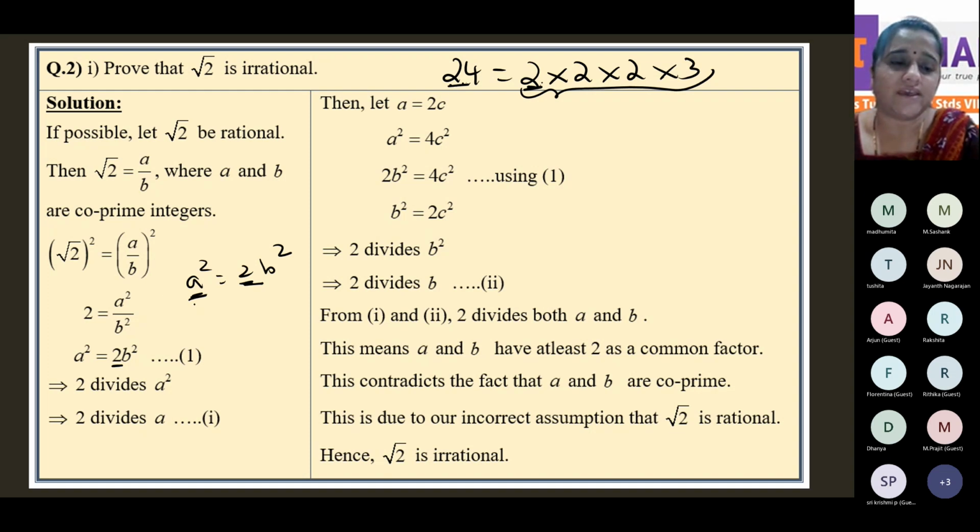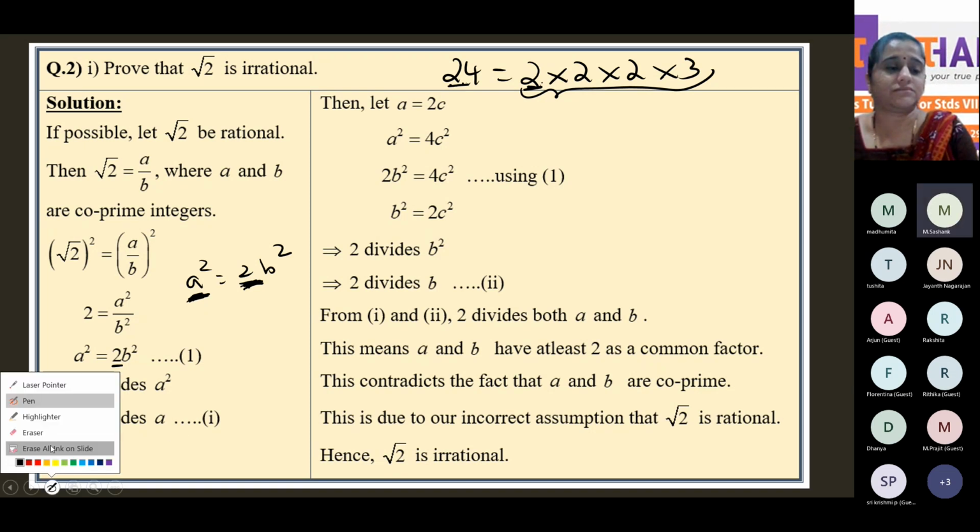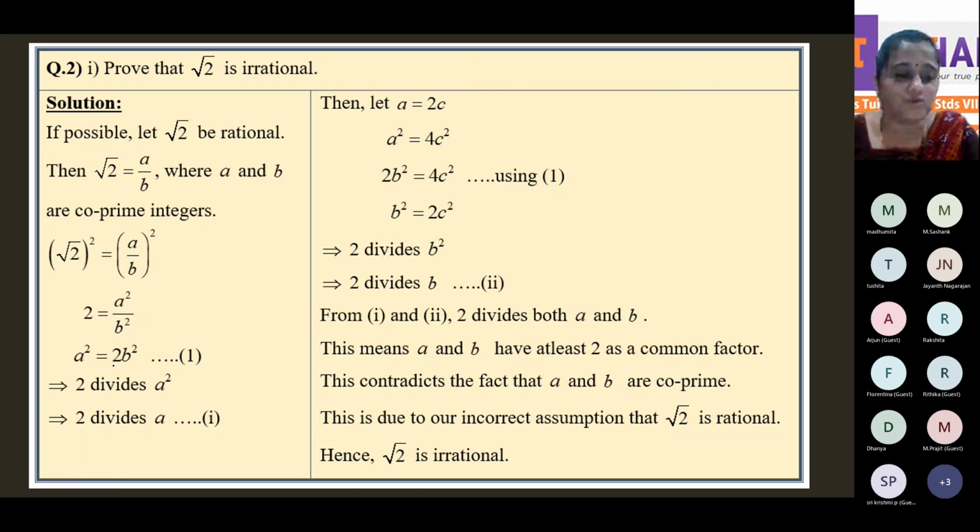So what are the two ways of saying a square is divisible by 2? Or you can say 2 divides a square. Yes or no, children? Because you see the prime factor 2 here, 2 divides a square.